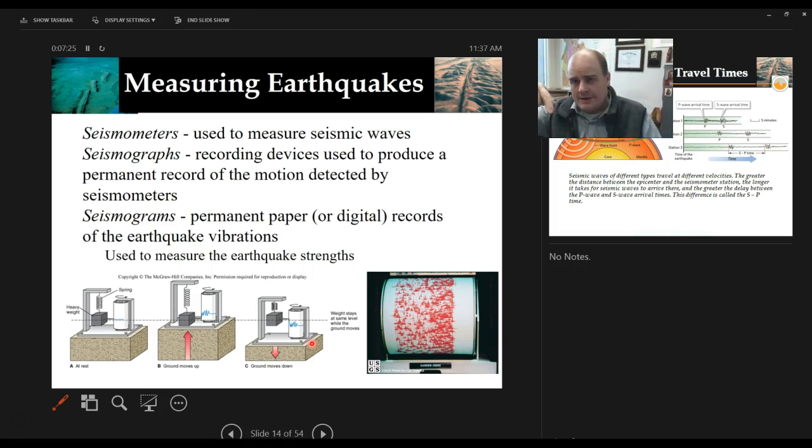So really what's happening here is, in the old-fashioned ones, they would have this pin on a spring, and the piece of paper would be right here, right? So as the pin goes up and down, it's going to make these marks on the paper. And it's really not the pin that's moving up and down, it's the land that's moving up and down. It can move up and down or side to side or whatever.